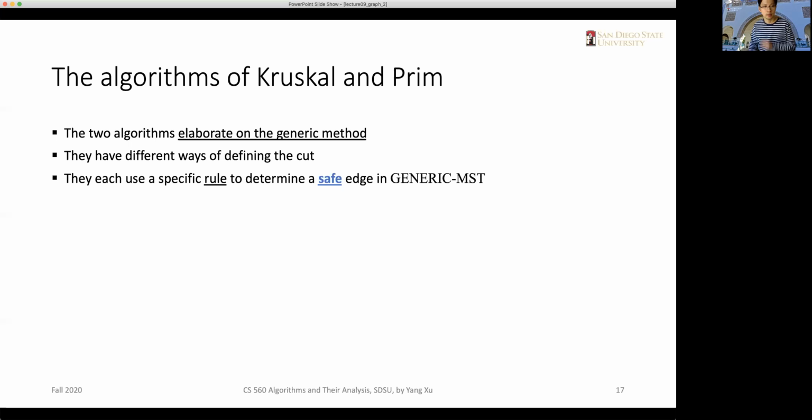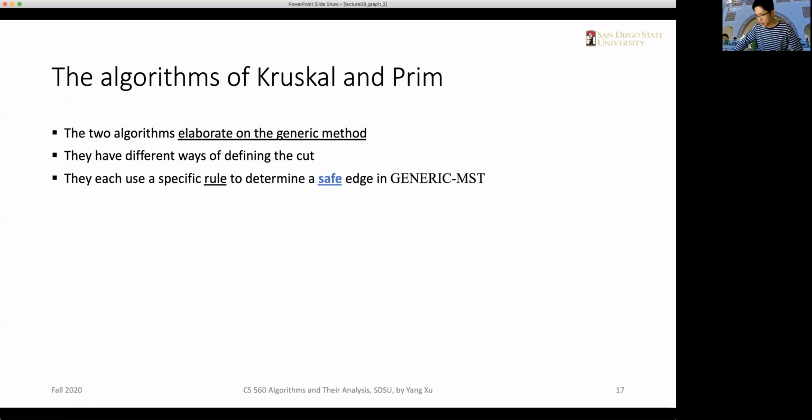Okay, and they both work on top of the generic method, but they have different ways to define the cuts. Okay, and also they use a specific rule to determine the safe edge in the generic minimum spanning tree algorithm.